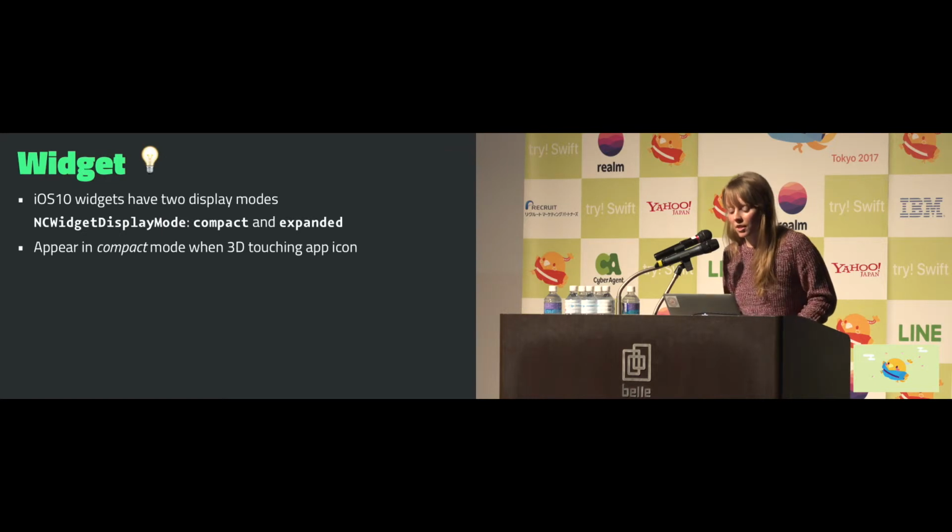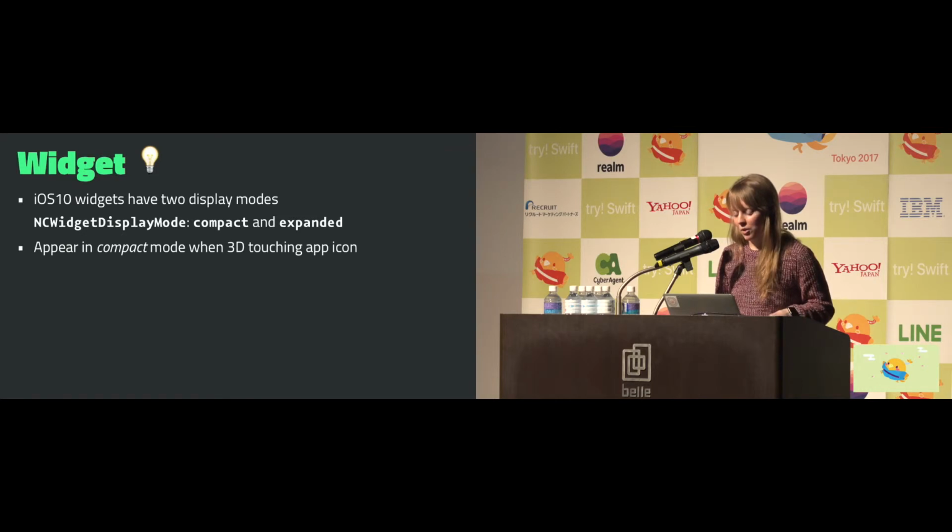Okay, now on to widgets. I find that it's interesting that Apple decided to rename Today extensions to widgets, and they're trying to feature them a little bit more than they were in the past. So in order to take advantage of widgets, which appear when you 3D touch the app icon, all you need to do is convert your Today extension, if you already had one for your app, into providing 2 different display modes, compact and expanded.